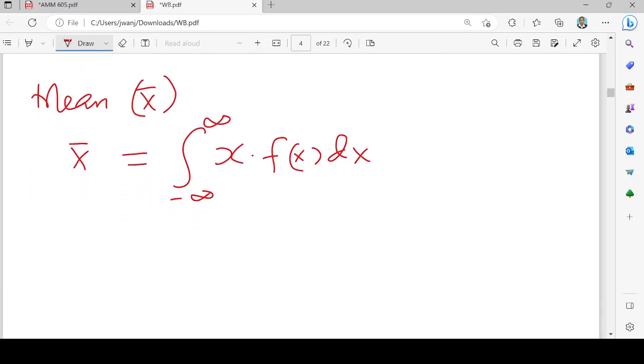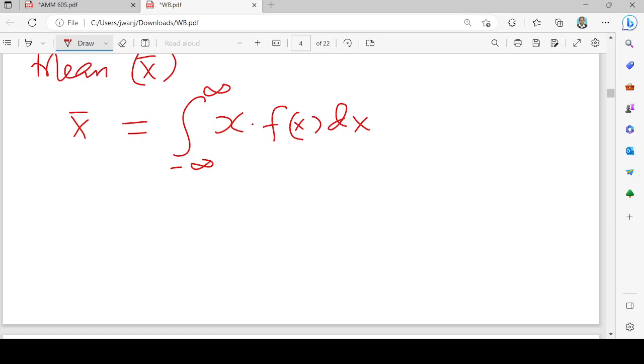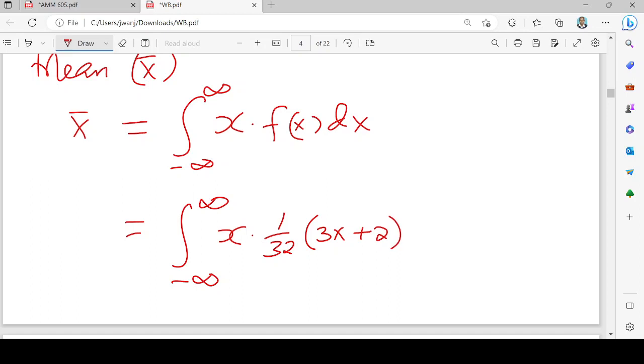So we multiply the probability density function with x. In this case, we get the integral from negative infinity to positive infinity of x times 1 over 32 into 3x plus 2 dx.